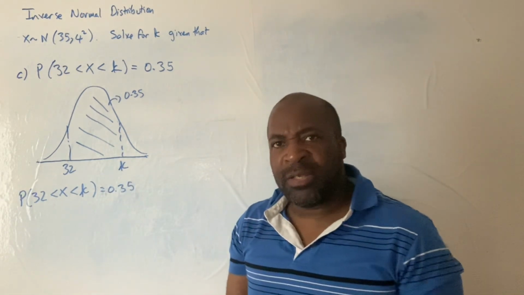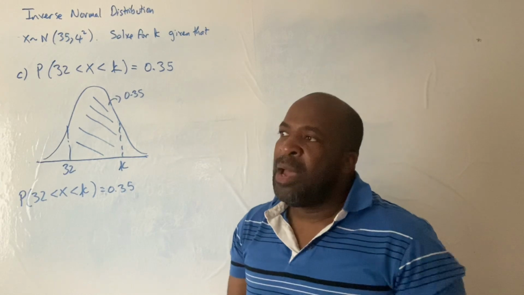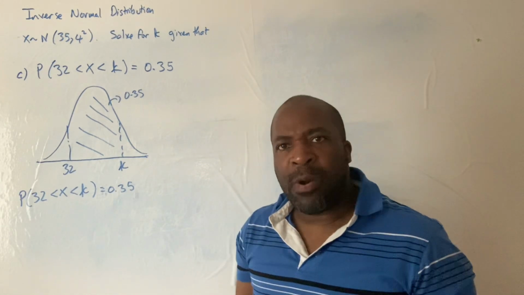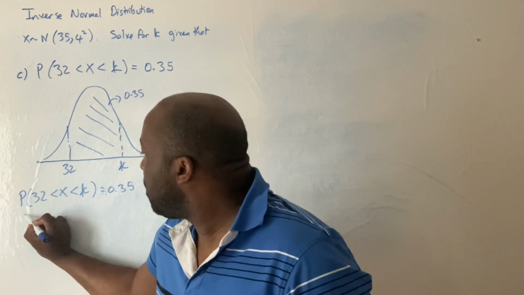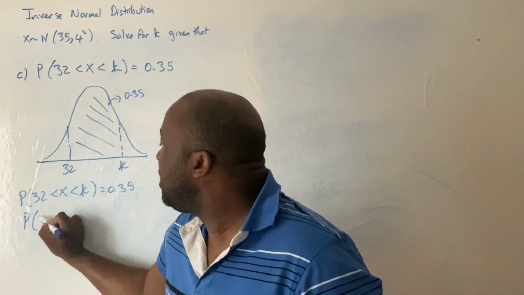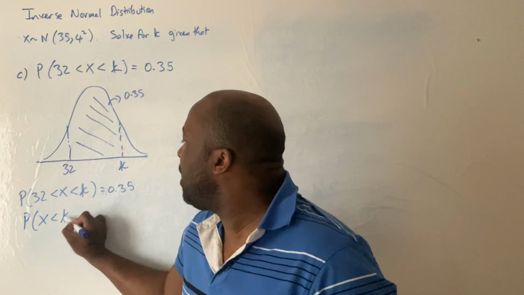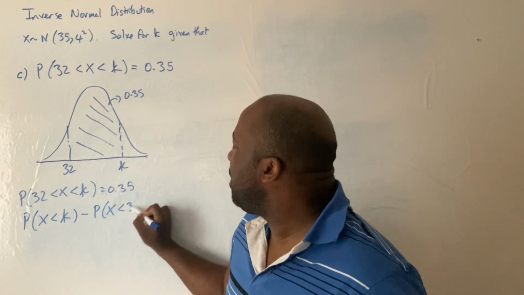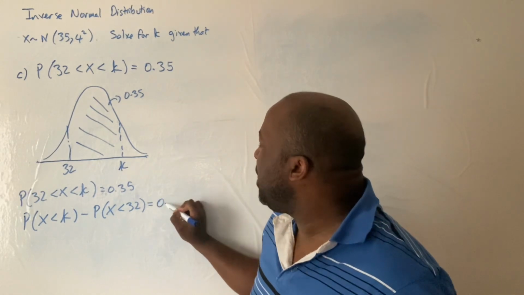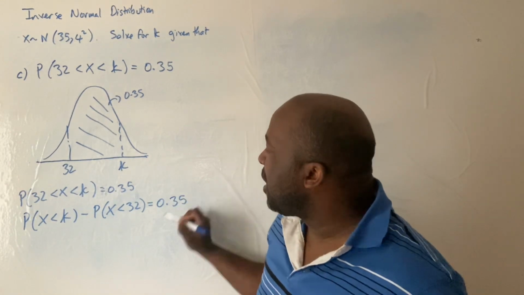So let's rearrange it and set up a probability algebra problem. We have the probability that x is smaller than k minus the probability that x is smaller than 32, equal to 0.35.